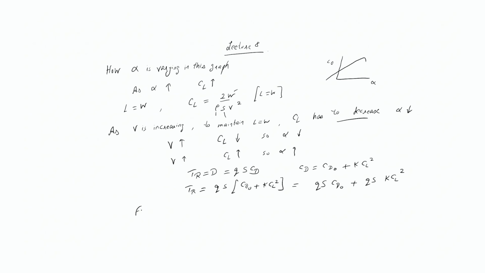Now for lift equals to weight, we know CL is given as W by QS. Now we'll substitute this CL in this equation. So finally we get TR equals QS CD naught plus QS K into this whole square, which will be W by QS whole square.